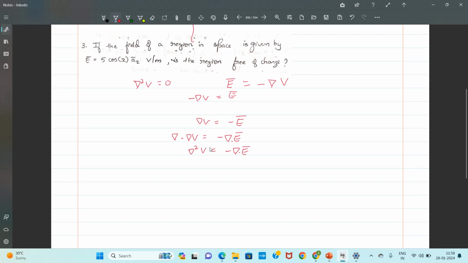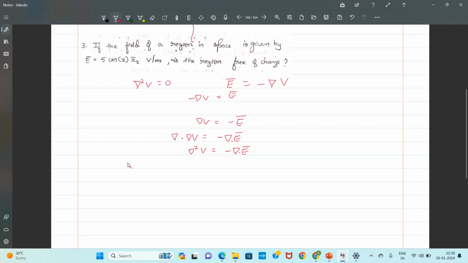So here del square V is nothing but the Laplace equation. If this value becomes 0, I can say that it is satisfying the Laplace equation. So here del square V cannot be calculated directly because V is not given. But instead of del square V, we can calculate minus del dot E because E is given in the question.